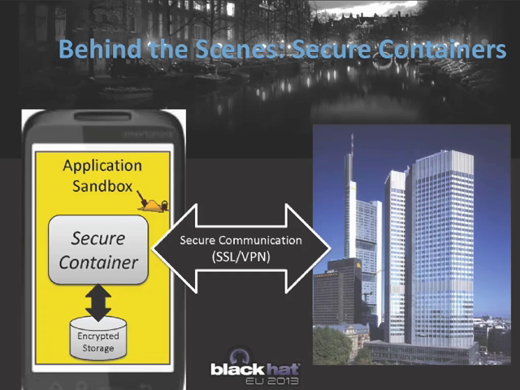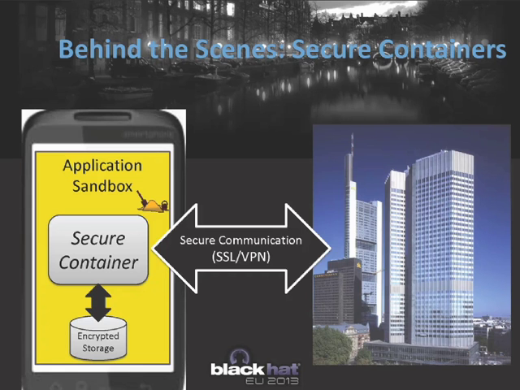So let's elaborate a bit more on the technology behind the secure containers and how they really work. First of all, we need to understand that the secure container is primarily a normal app that is deployed on the device, and initially it provides two functionalities. One is to secure the communication between the enterprise and the mobile device over either SSL or VPN, so no one can eavesdrop or do a man-in-the-middle attack when the enterprise information, the emails, the calendars, the documents are being pulled to the device.